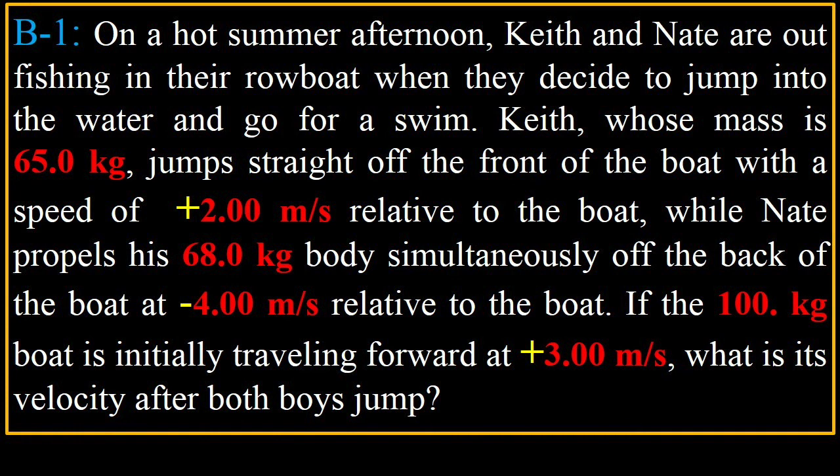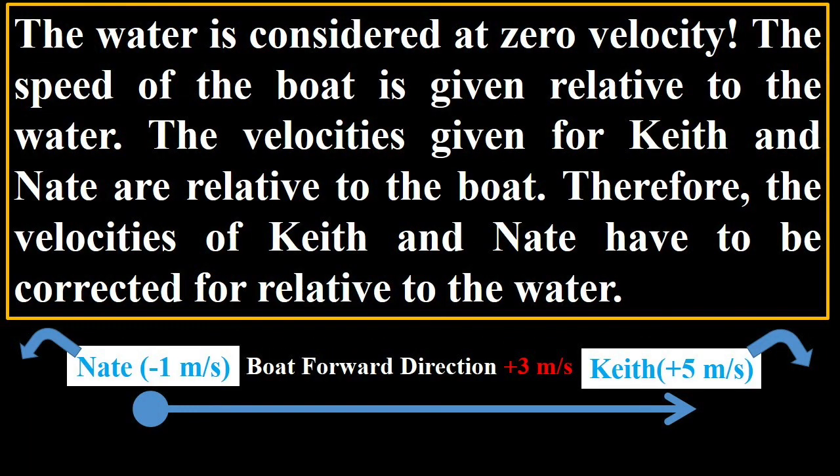Now, there's a problem with this, and that is the water is considered at zero velocity. The speed of the boat is given relative to the water, so that's a conflict. The velocities given for Keith and Nate are relative to the boat. Therefore, the velocities of Keith and Nate have to be corrected for relative to the water.